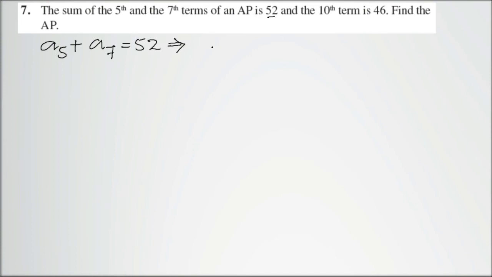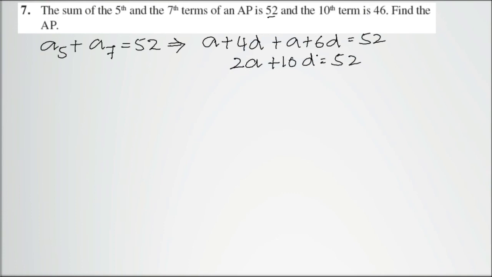This implies A plus 4D plus A plus 6D equal to 52. With this I get another equation, 2A plus 10D equal to 52. Let us take 2 common. It becomes A plus 5D equal to 26. This equation I will name as equation 1.